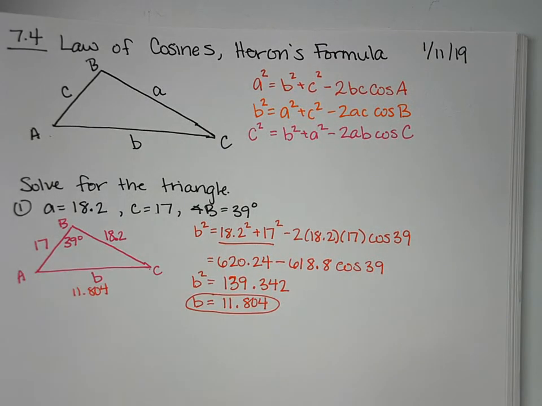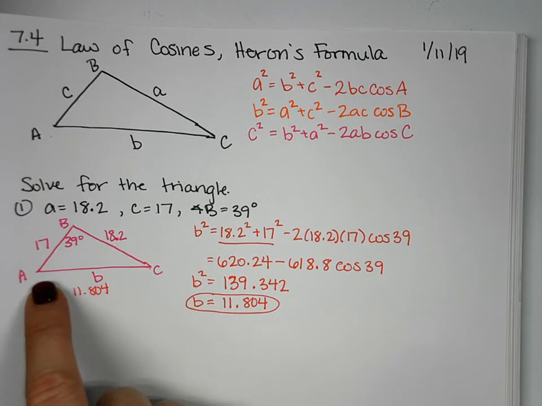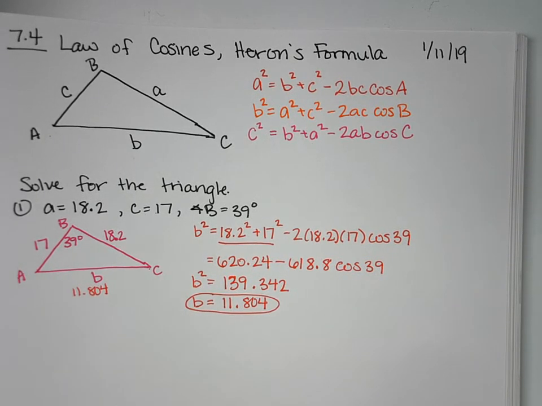Now we have all three sides, but remember, to solve the triangle, we have to also find all three angles. From here, we can do a couple of things. Now that we know an angle and its opposite side, and we want to find another angle, you can use law of sines to help find the third angle, or you can use law of cosines as well.